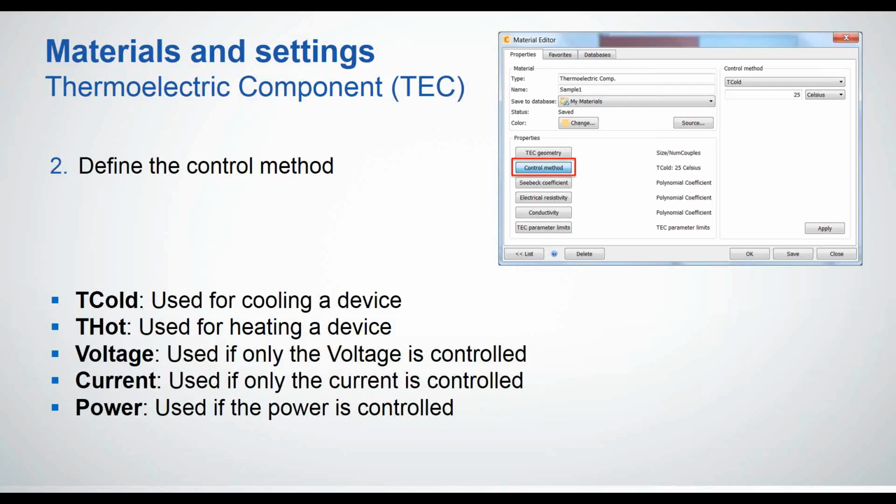So in this case, the control method of your tech is working as a heating device. Or if you have information about the voltage or the current or the power, you can just use them in your material editor. It's like when you're not interested in controlling temperature on some components next to the tech material, but rather in controlling the current or the voltage of your tech material.